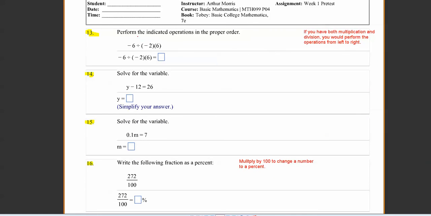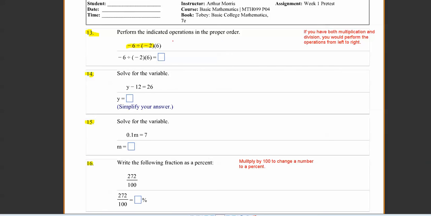Okay. Number 13, perform the indicated operations in the proper order. If you have both multiplication and division in your problem, you would perform the operations from left to right. So looking at this, I have negative 6 divided by negative 2 times 6. So the first thing that I would do is divide the negative 6 by the negative 2, because that's the operation that comes first.